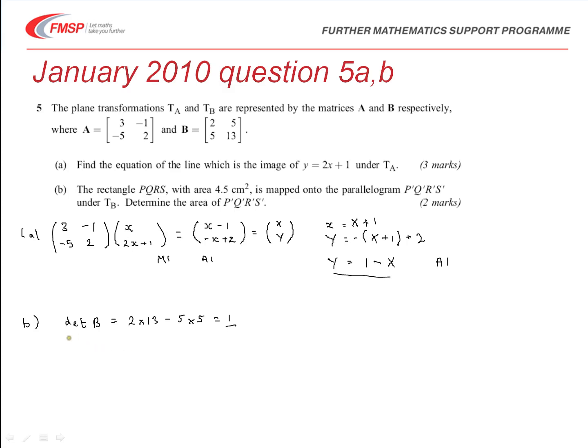So in other words, the area of the image is also 4.5. And so if that's the case, we can write down the fact that the area of P dashed, Q dashed, R dashed, S dashed must be equal to 4.5, the same as the original.